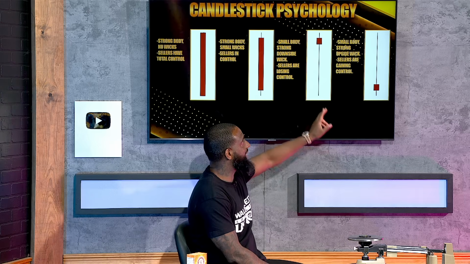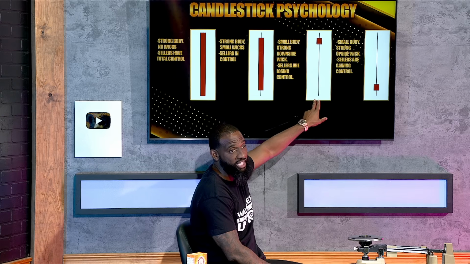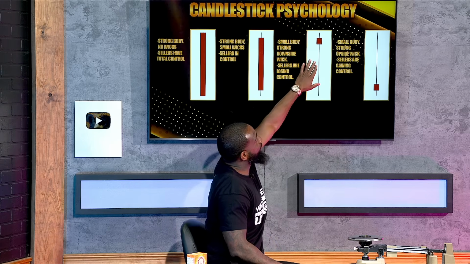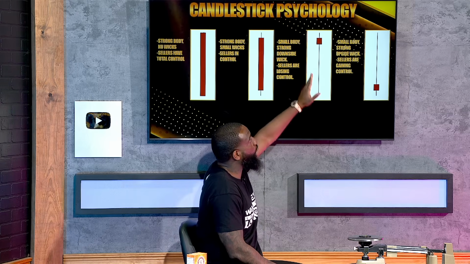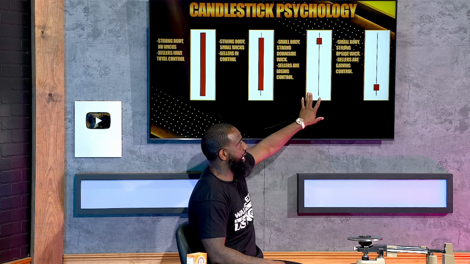Because this candle tells us that the buyers stepped in and pushed this all the way back up. The sellers was dominant, but the buyers said, hell no. And they pushed it all the way back up. Now, it still ended red. If you see a candle like this, the candle that comes after this is gonna be super duper important.